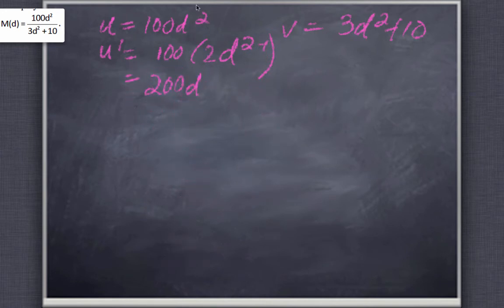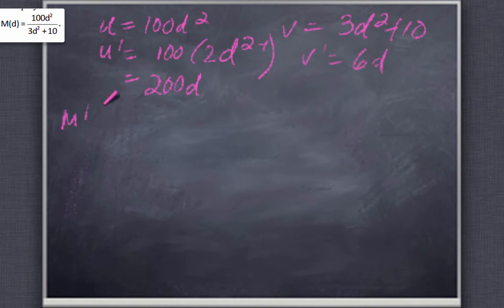Let me note that I could have just multiplied the 2 times the 100 because that's what's going to happen anyway. So 200d to 1 fewer power, so from squared to just d, from cubed to d squared, from the fifth to d to the fourth. So that said, v prime is 6d, because 2 times 3 is 6, and we drop 1 to d.